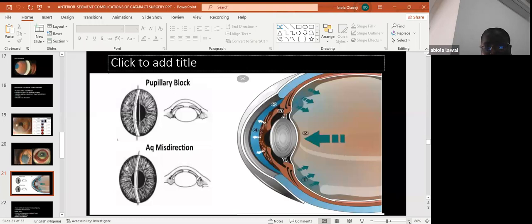And when this happens, the normal flow of aqueous from the posterior chamber to the anterior chamber is altered. So you have redirection posteriorly into the vitreous. There is also closure of the anterior chamber angle, and fluid diffuses into the corneal stroma. You can have corneal edema, and then there's increased posterior pressure.